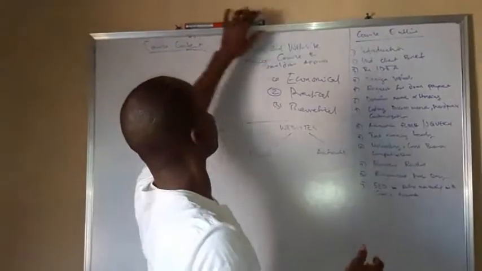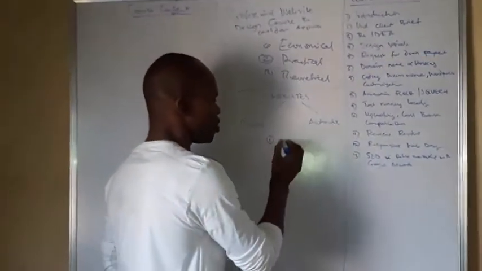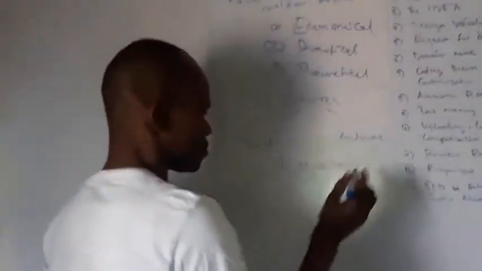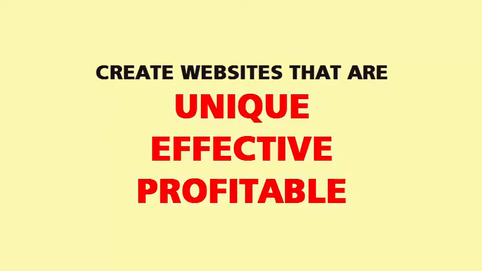The next thing we want to look at there is the idea. Like I mentioned clearly from the book, the idea is you want to create a unique website. Recall vividly, like I mentioned earlier, I said you want to create 1, unique, 2, effective, and 3, profitable websites.